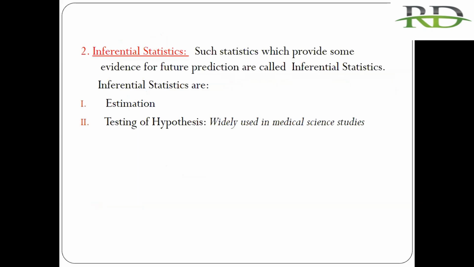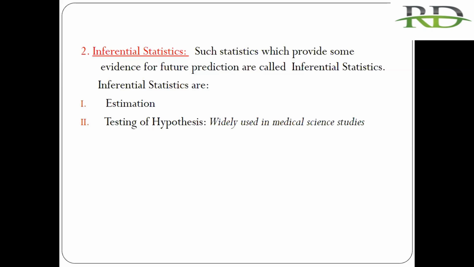In inferential statistics, it is called inference. Sometimes it is also called the inductive process. Have you heard the name induction, like the mathematical induction process? You are going from known to unknown.